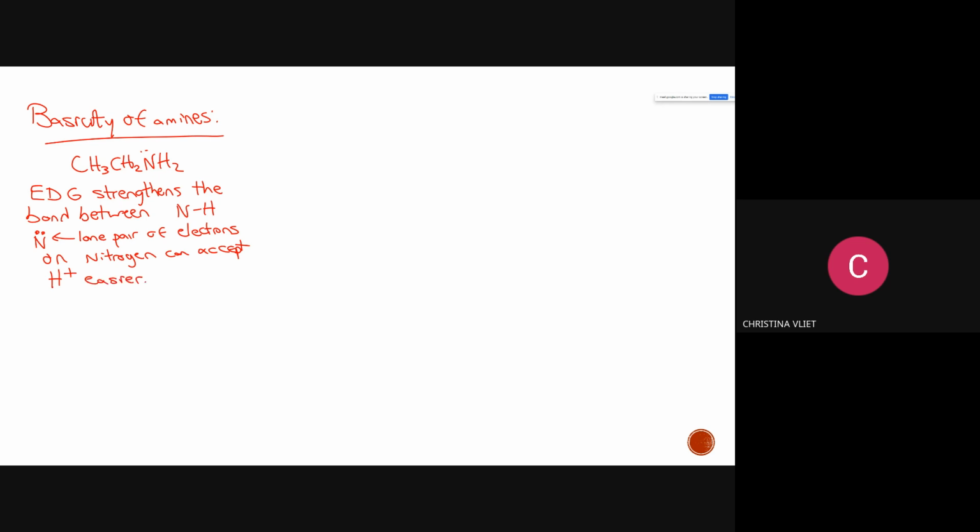That's the idea. So what would happen if I had a secondary amine or a tertiary amine? Would that strengthen or weaken basicity? It would make it more basic. So more EDG equals more basic is the idea there. More electron donating groups around wherever the base is in question will make it more basic.